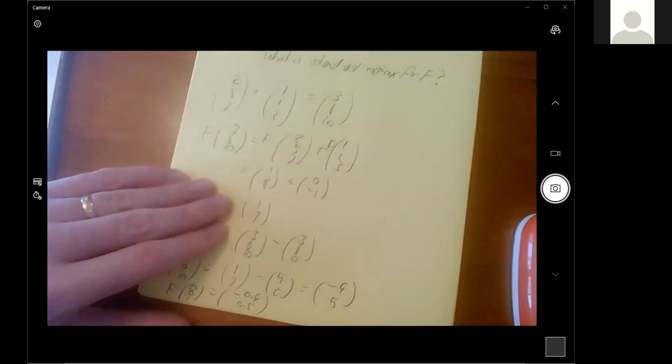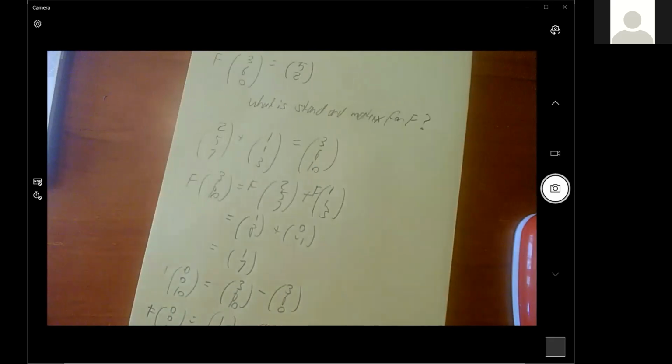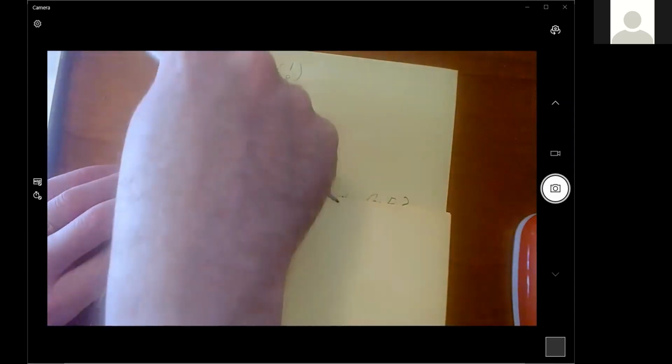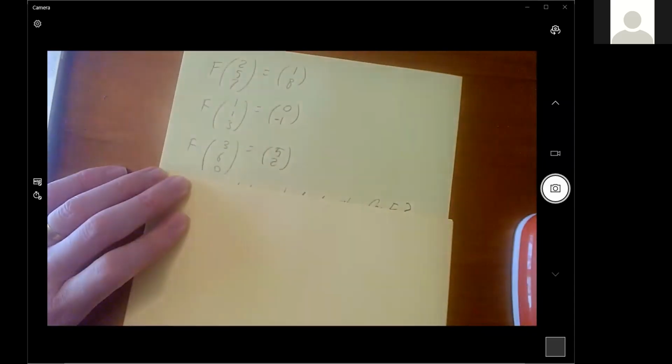Okay, that's one way. The other way is to be extremely clever about it, or at least look clever. It's not actually, this is the coolest thing ever. I love this. So I would like to find some linear combination of these that produces 1, 0, 0. And if I did the same combination of these, it would be f of 1, 0, 0. So that's what I'd like to do.